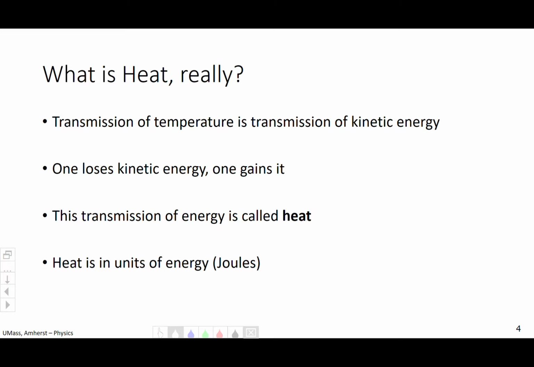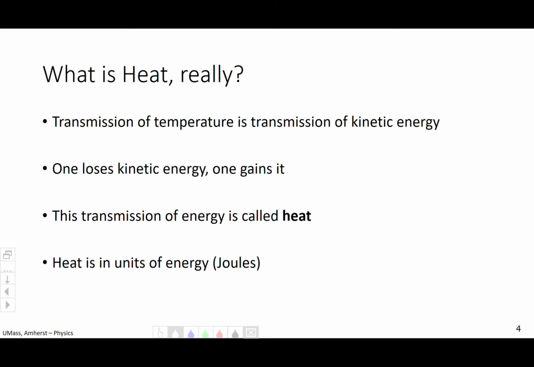When we say heat in physics, what we mean is the transmission of energy. So when we say something has heat, that is not correct physics language. You do not have heat, you transmit heat. Just like temperature only has a meaningful use when it's stable, heat only has a meaningful context when it is transmission of energy.